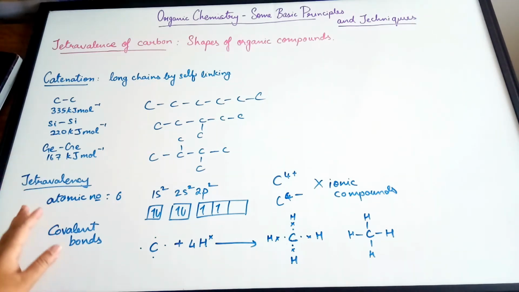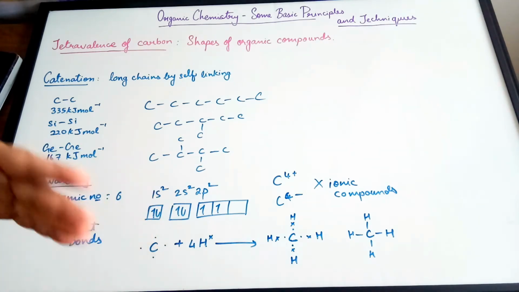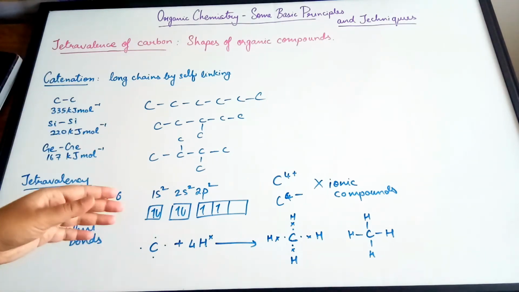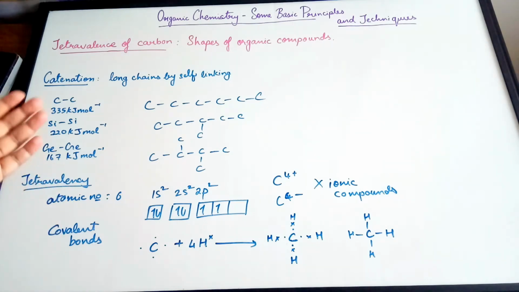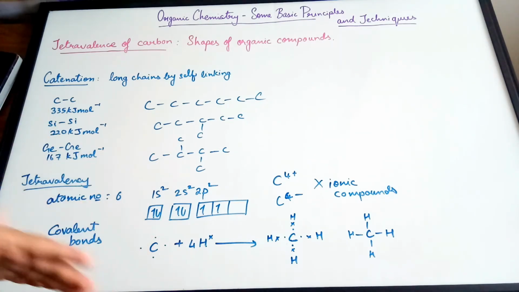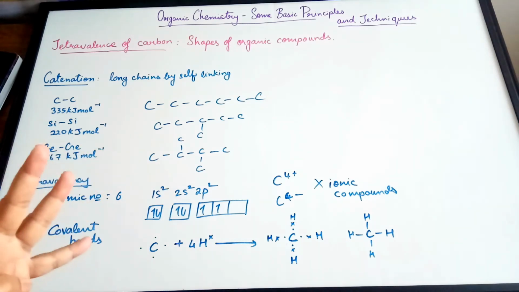So usually in all our organic compounds from now onwards, you need to remember that each carbon atom will form 4 bonds.